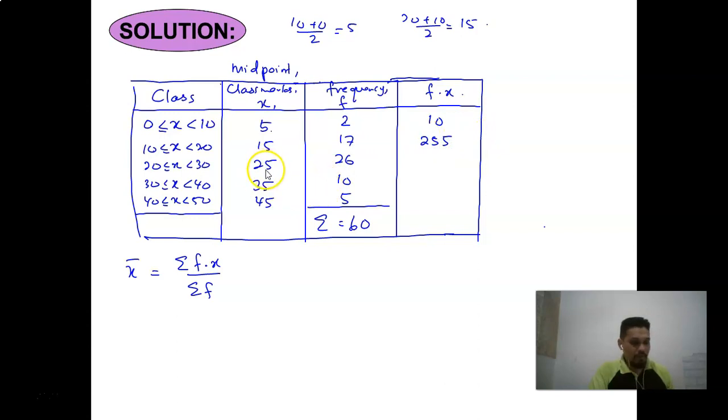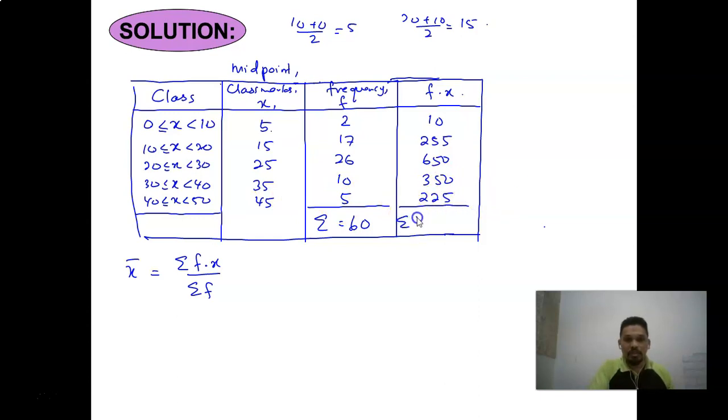25 times 26, 650, and 35 times 10, 350, and 45 times 5 equal to 225.